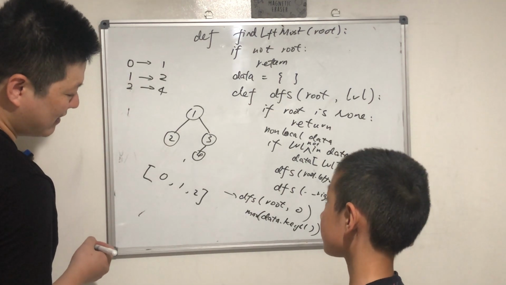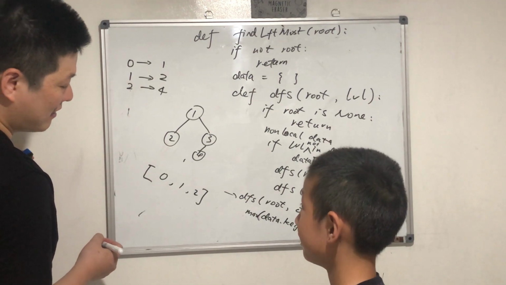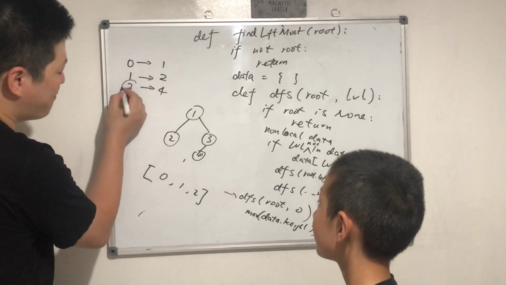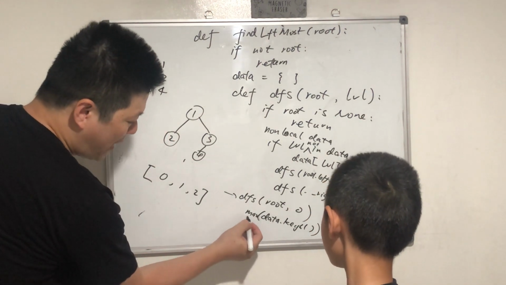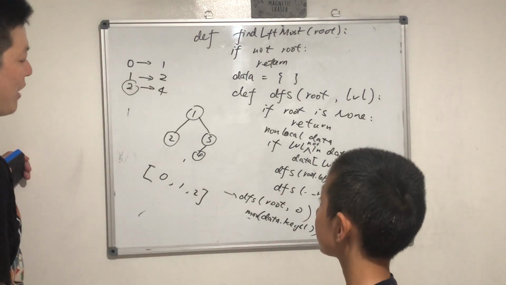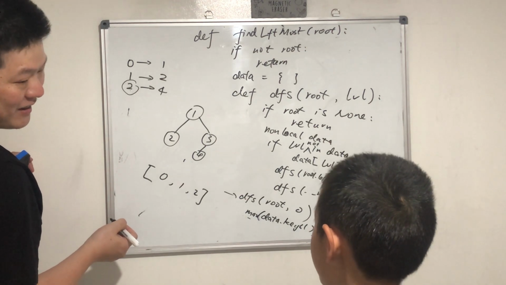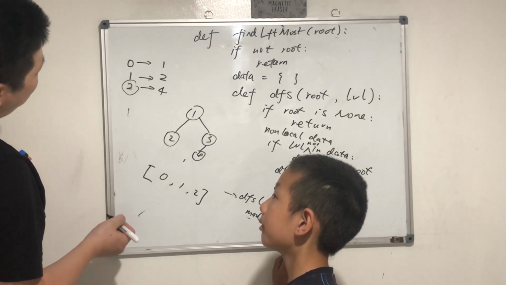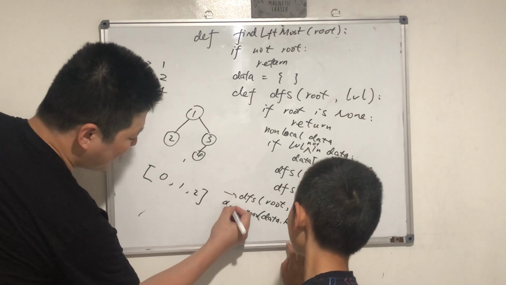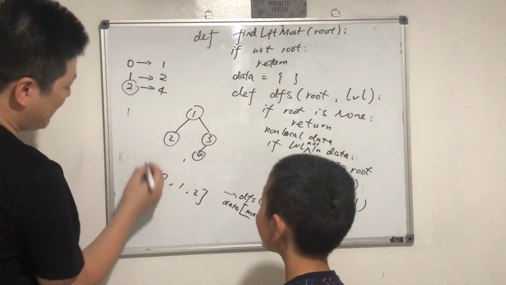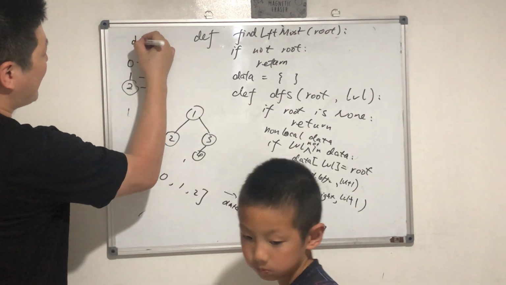How can I write it? Value. No. This is the max. This value is max of data keys. So I want to reference the value of these. So what should I do? Return both of them. I can just do this: data and then bracket. Remember the dictionary. If it's a dictionary, I can do this data.